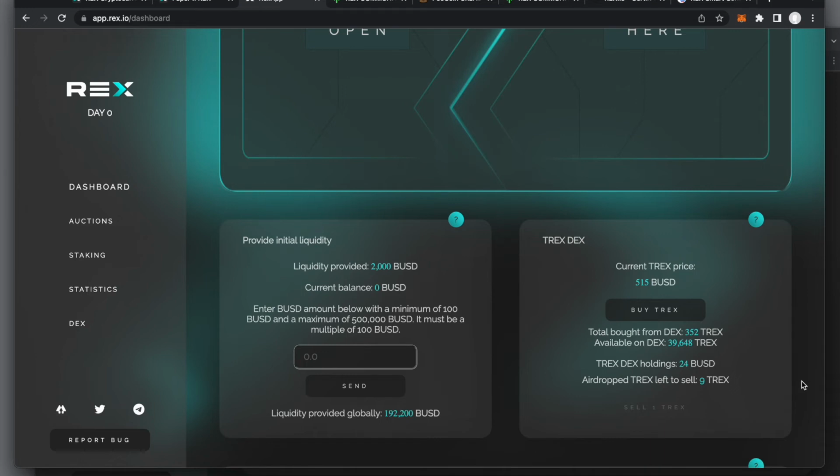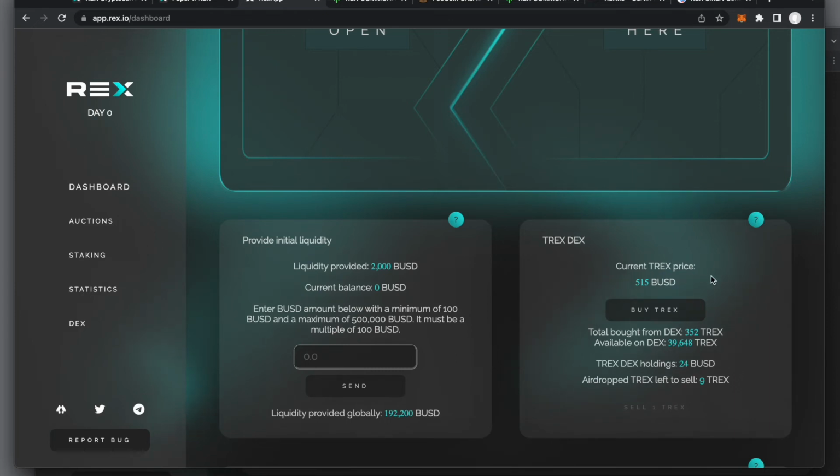It will continue to do so until either all the TREX are gone from this contract, or somebody decides to start a TREX BUSD pair on PancakeSwap, where they will be forced to sell their TREX at a much lower price than the contract.